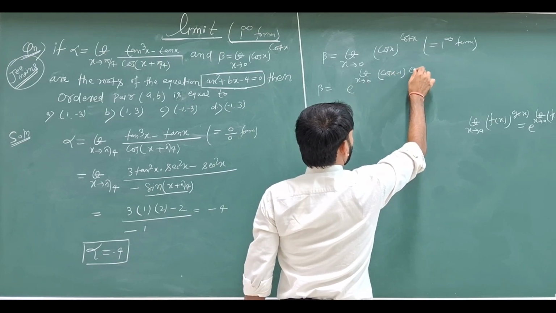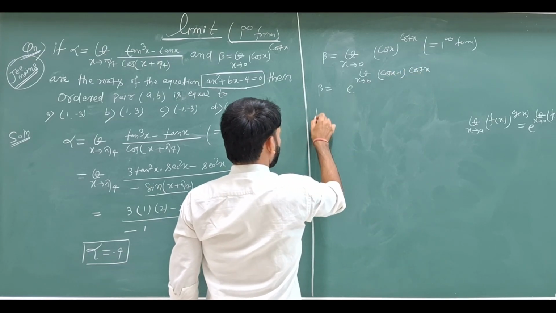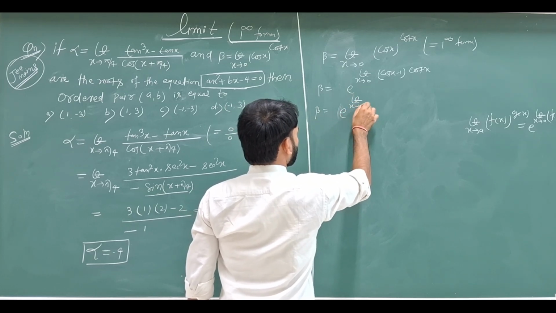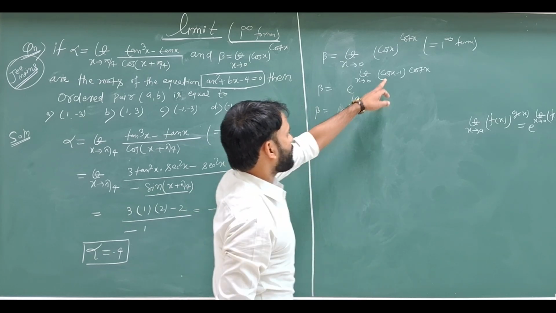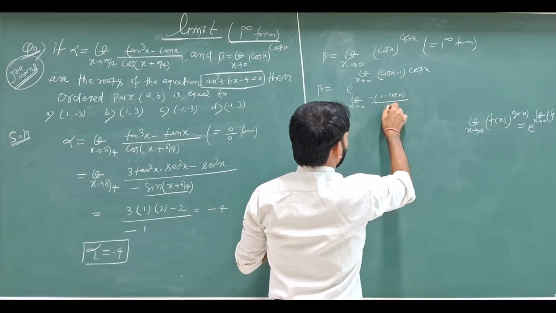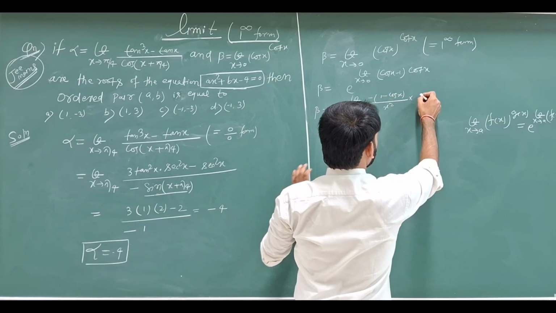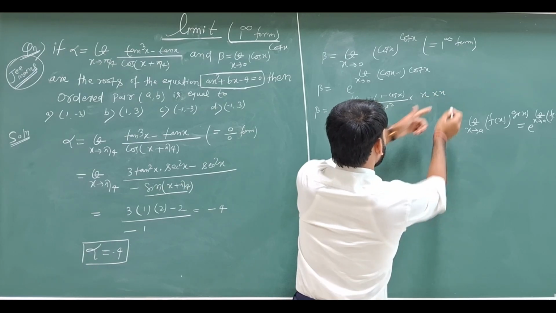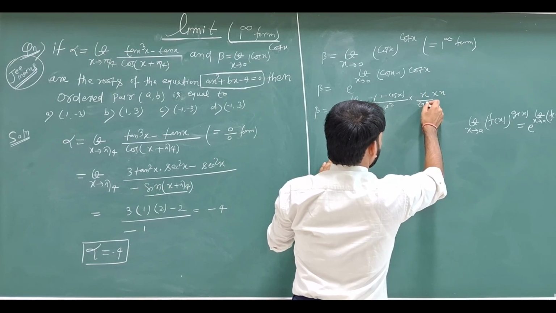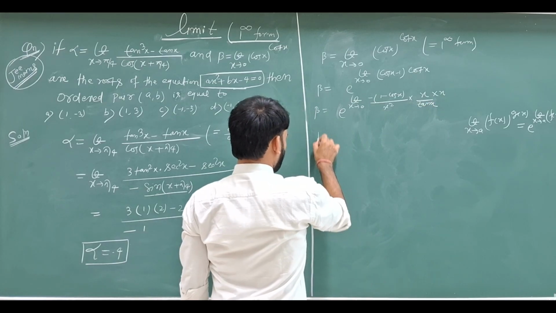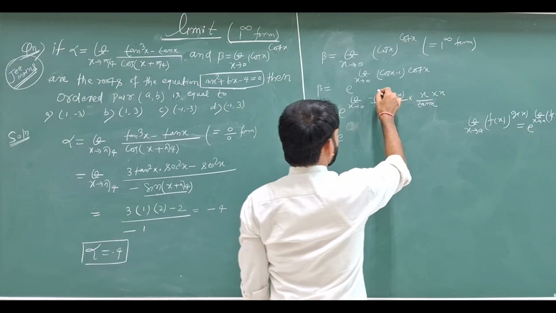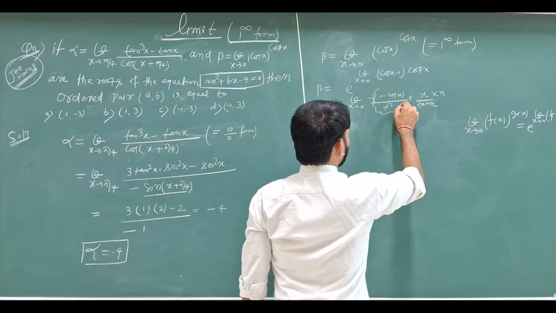Similarly, limit x tends to 0, we take the negative common, here 1 minus cos x divided by x square, and you can write x into x, and cot x we take the reciprocal, here tan x, and this whole quantity goes to half.